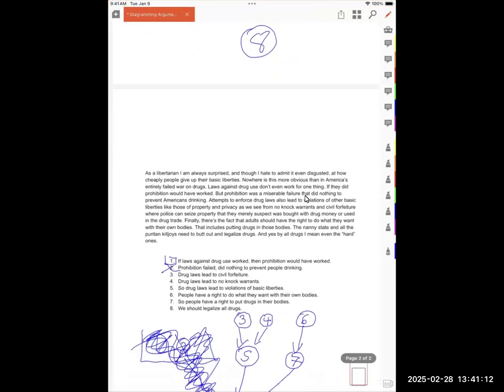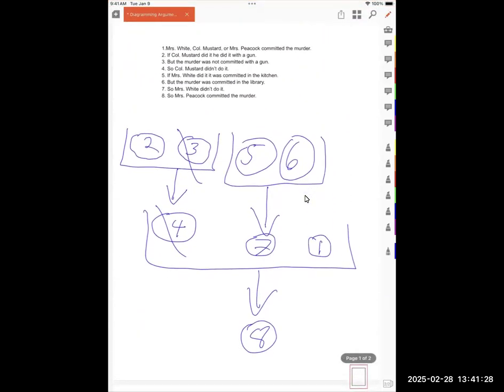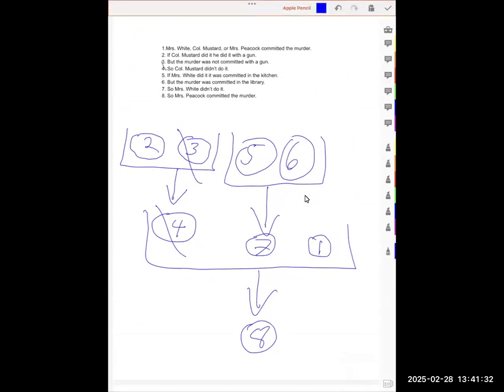This one isn't as fragile because, besides the first wing of the argument, we have some other reasons to think maybe we should legalize drugs. I'm not sure that they're convincing, but one whole wing of the argument can go away and there's still some reason to believe the conclusion. Whereas with this one, the way the pieces fit together, if any one of these claims is false, the whole argument falls down like a Jenga tower, right?